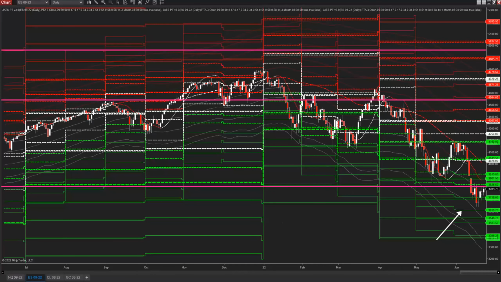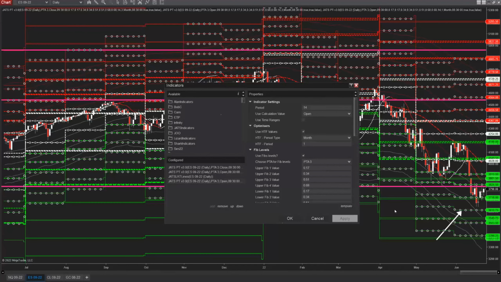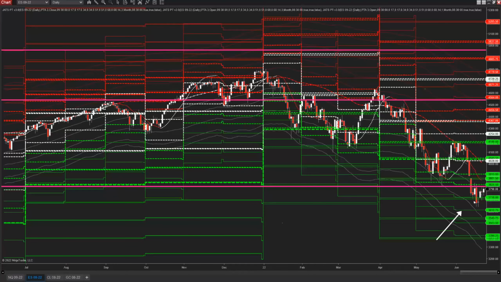That is where your support resistance is. And do you see the PT3 here? That is the monthly one. So price has really fallen below these levels. And so we are definitely in a bear market.